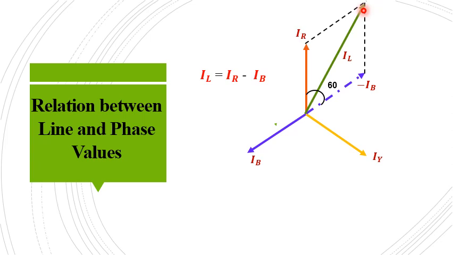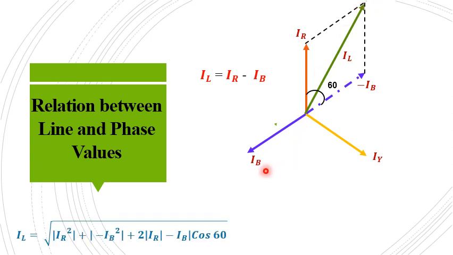Substituting in the equation for the parallelogram law of vector addition, we can write IL is equal to root of IR square plus minus IB square plus 2 IR minus IB cos 60 degrees. We know that the magnitude of IR is the current in a phase, so the magnitude of IR will be I phase. Similarly, the magnitude of IB will also be I phase.